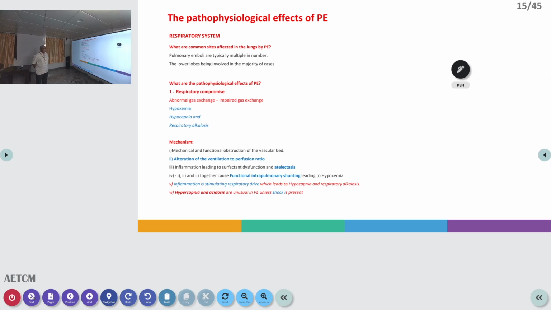Remember, hypocapnia, not hypercarbia and respiratory acidosis as we usually used to think. It is not so. Hypocapnia and respiratory alkalosis. This is because of the inflammation causing stimulation of the respiratory center, producing tachypnea, and so the patient is going for hypocapnia and respiratory alkalosis.